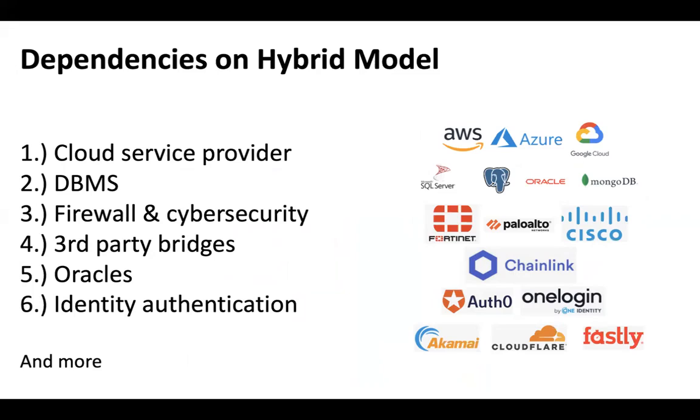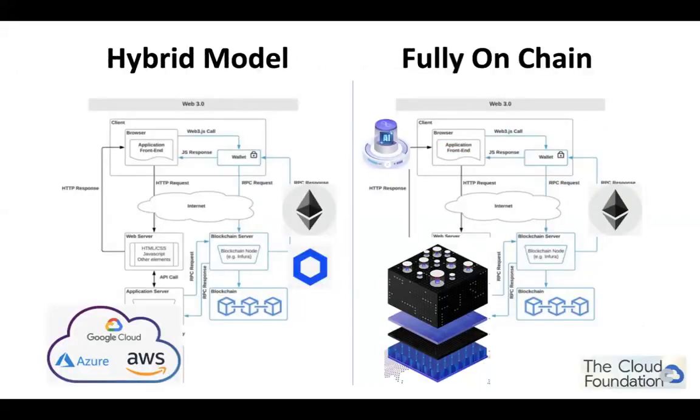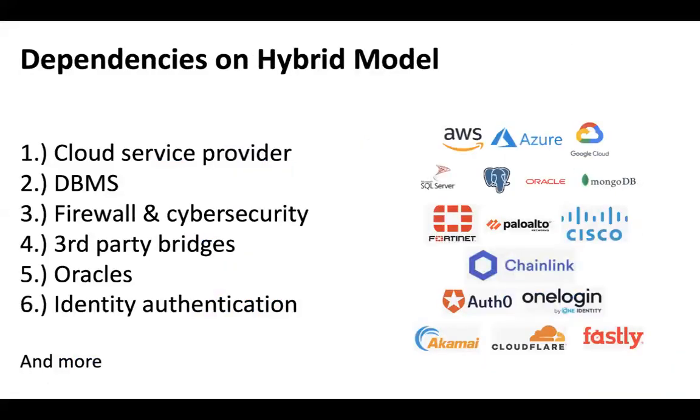For instance, any given application may also need a database management system, firewall, and cybersecurity systems. On ICP, all of this is gone. You don't need firewalls and cybersecurity systems because software systems run end-to-end on-chain and don't need firewalls or cybersecurity. And right now, the cybersecurity problem is currently around 10 trillion.